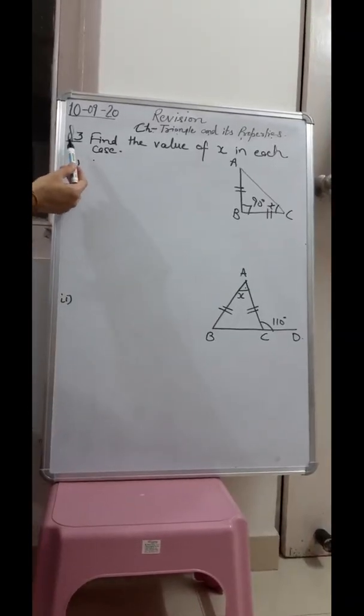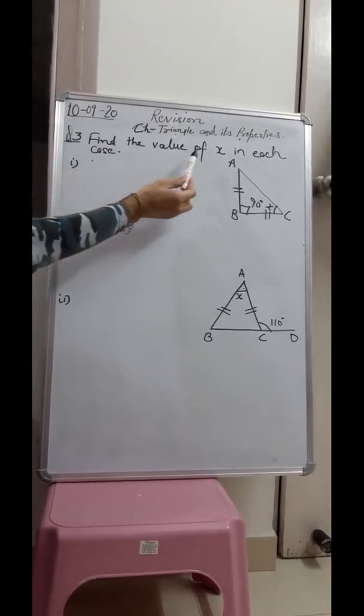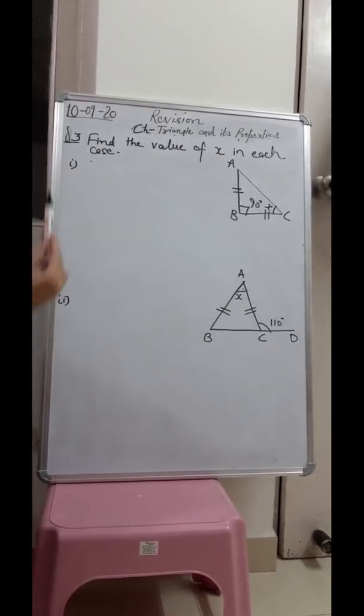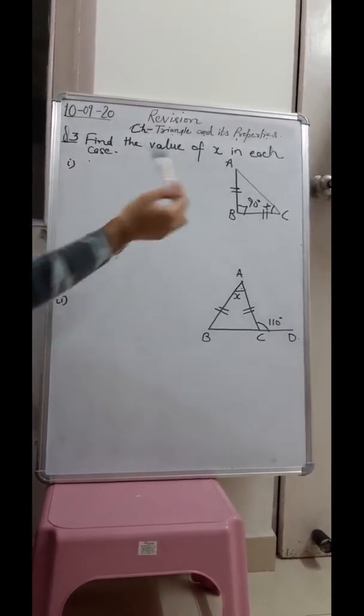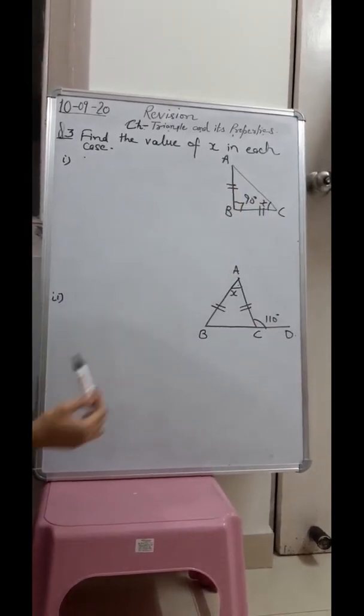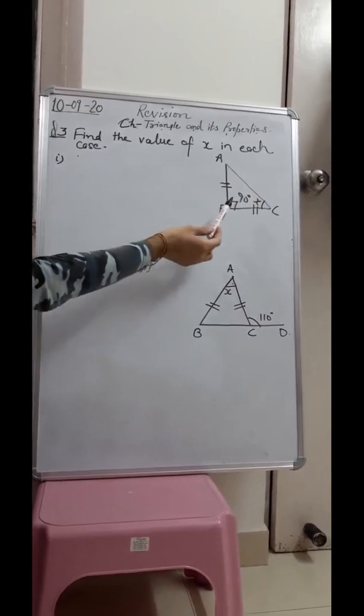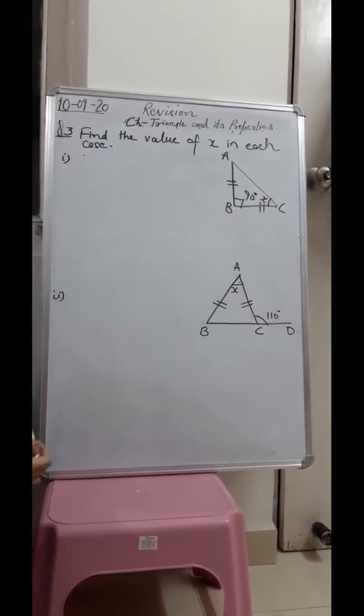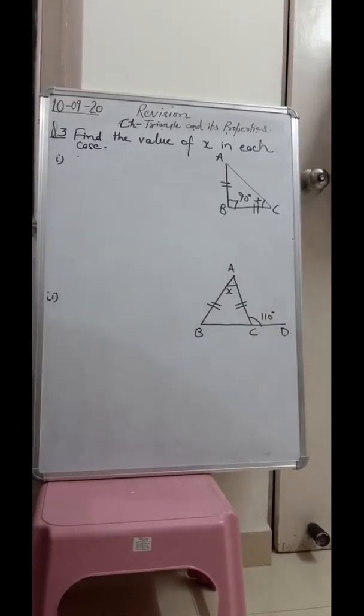Now question number 3. Find the value of x in each case. So here we have to find out the value of x. We can see that it is a right angle triangle because there is an angle of 90 degree at B vertex.